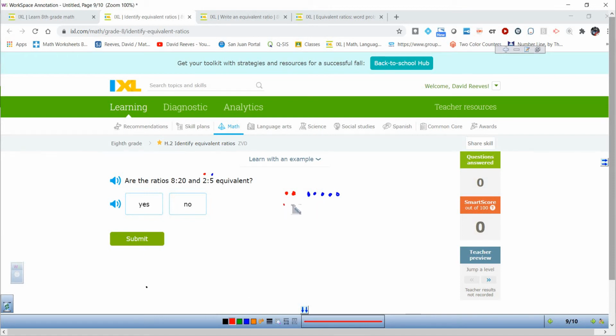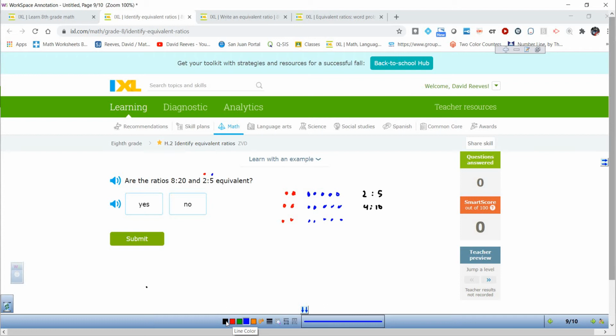If I do it again and keep that same ratio, what do I now have? 2, 4, 6, 8, 10. So I started off with 2 to 5, and then I went 4 to 10, and then if I did it again, 2 more here, 5 more here.